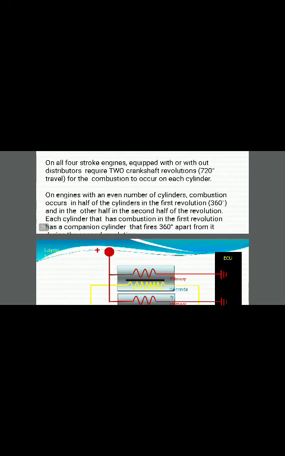On an engine with an even number of cylinders, combustion occurs in half of the cylinders in the first revolution, that is 360 degrees of rotation, and in the other half in the second revolution. Each cylinder that has combustion in the first revolution has a companion cylinder that fires 360 degrees apart from it.